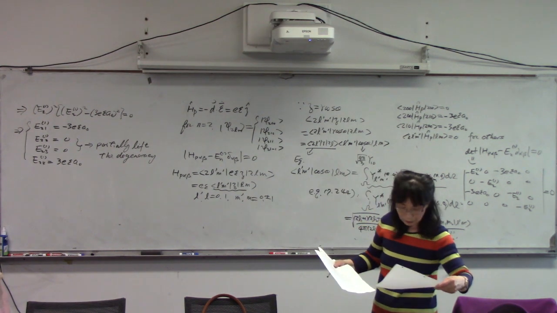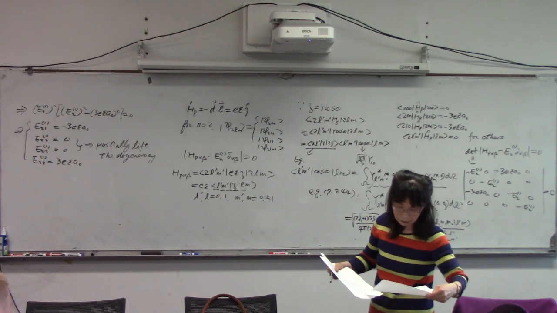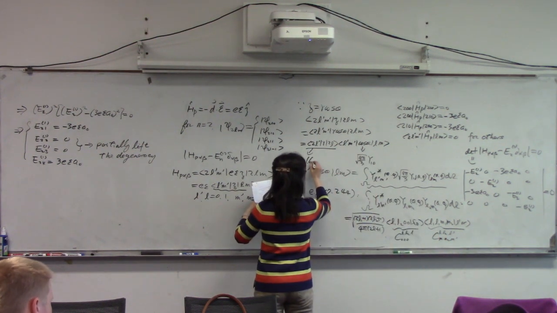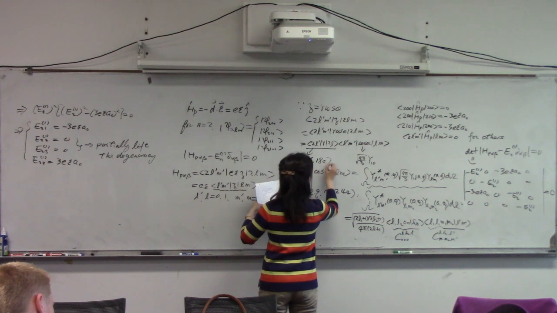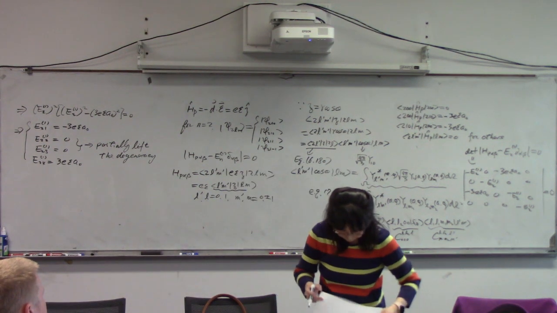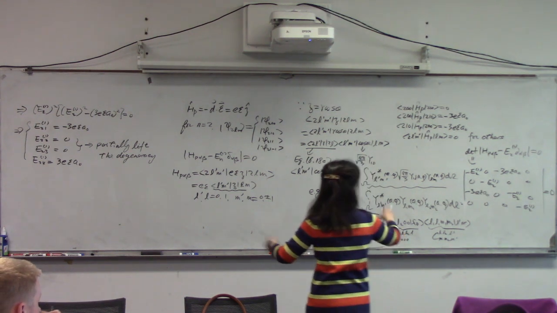You remember that formula? I think it is in the summary of chapter 6. Okay, here, 680. Then the remaining is to solve for the coefficients.